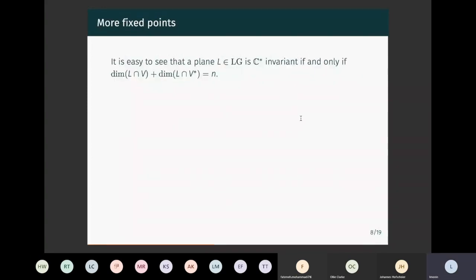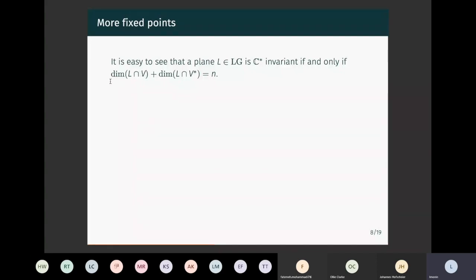Okay, I told you already that we have two isolated fixed points, but let me describe all of the fixed points of the C-star action we constructed on the Lagrangian Grassmannian. It is really easy to see: a plane L in the Lagrangian Grassmannian, or even in the usual Grassmannian, is C-star invariant if and only if we can choose a basis for L such that all basis vectors belong either to V or to V dual.